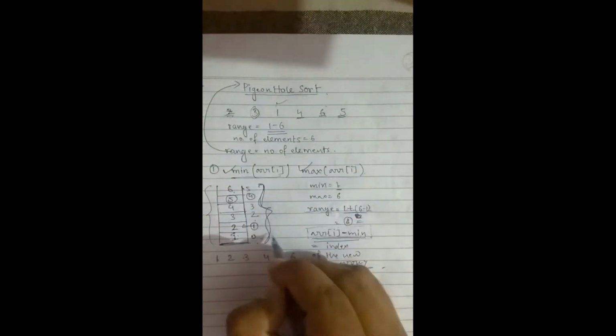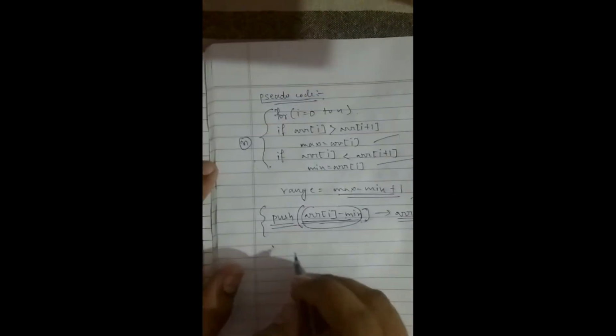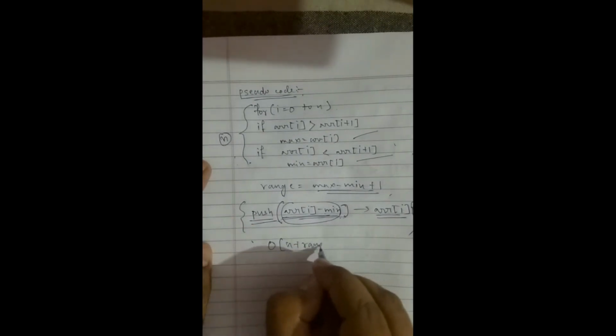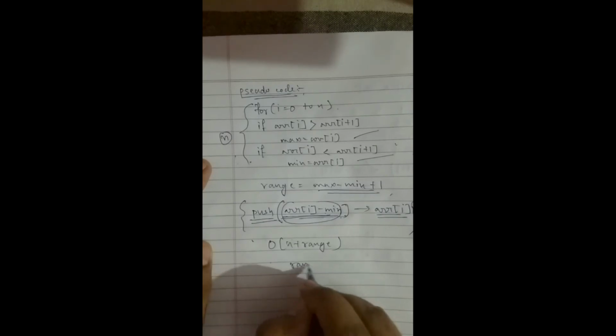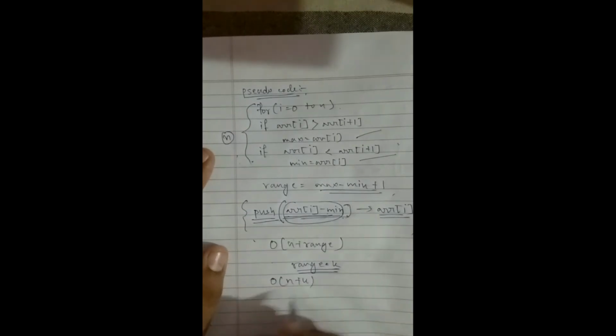This is a range of 6. Suppose the range is k. The time complexity of the algorithm is order of n plus k, where k is the range.